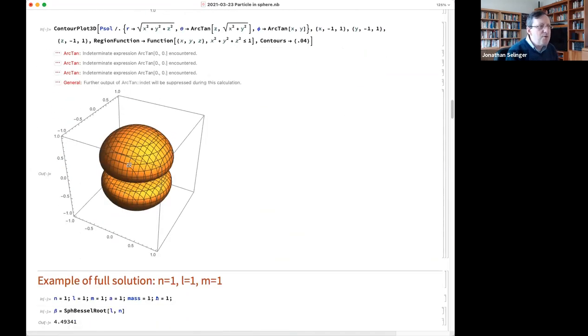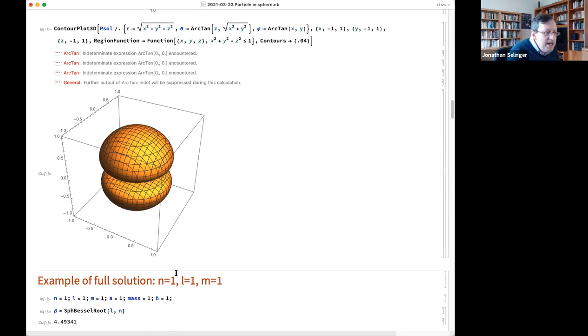These are contours of the probability density. The probability density is not spherically symmetrical. It has these lobes, at positive z and negative z. That's where there's a big probability of finding a particle, not everywhere else in the sphere.